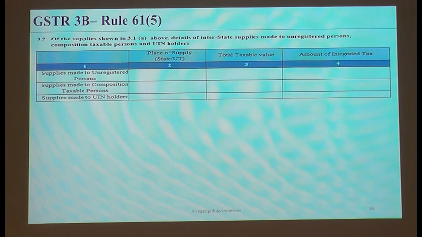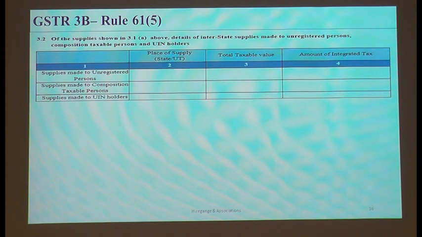It's too much. I have shown it in 3.1a, but again they want us to give the breakup. How much supplies you have made to an unregistered person, how much supply you have made to a composition dealer, and how much supplies you have made to UIN, that is unique identity number holders, that is all your embassies will come into that.